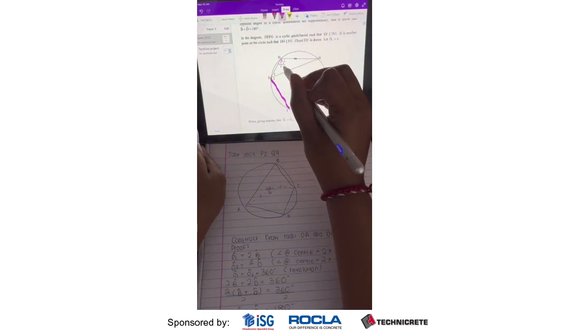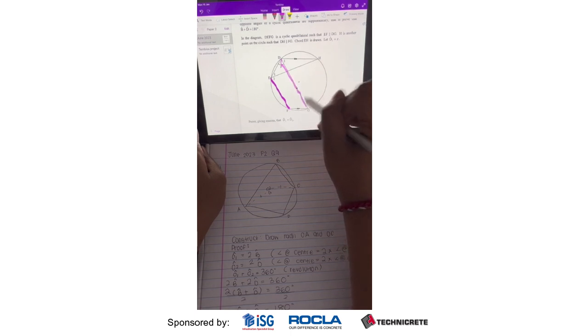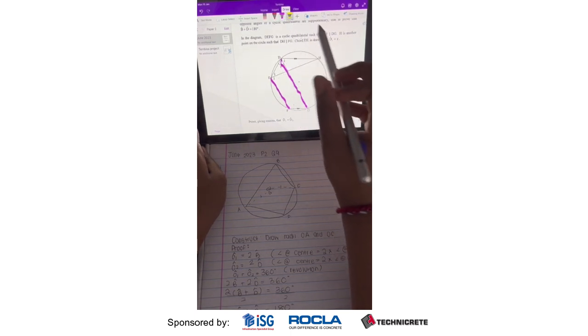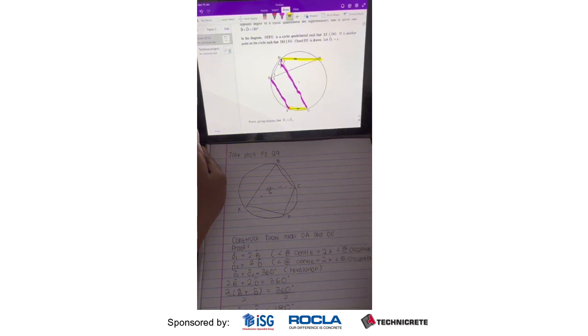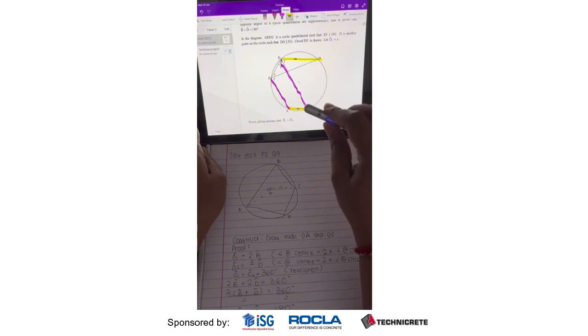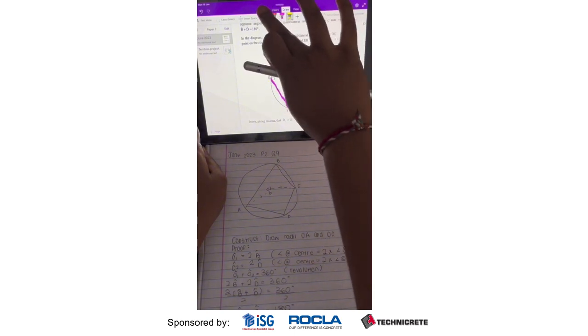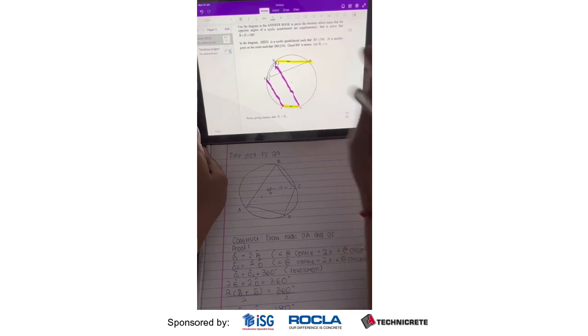Here is another point on the circle such that DH is parallel to FG. Chord EH is drawn, and we're letting D1 be equal to X. The question asks us to prove with reasons that D1 is equal to D2.